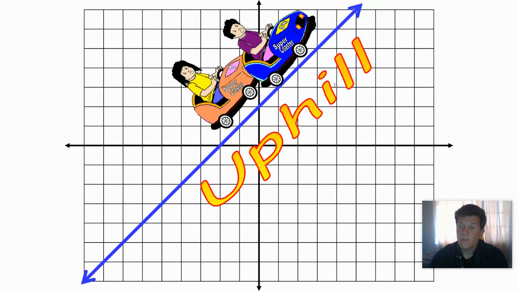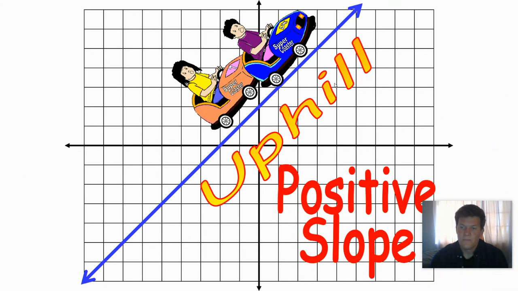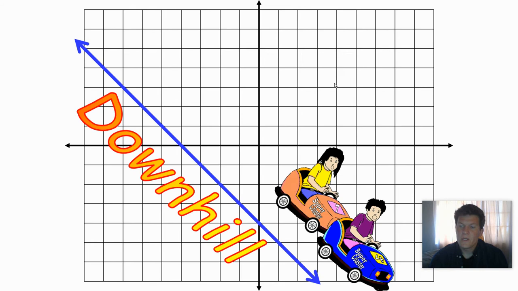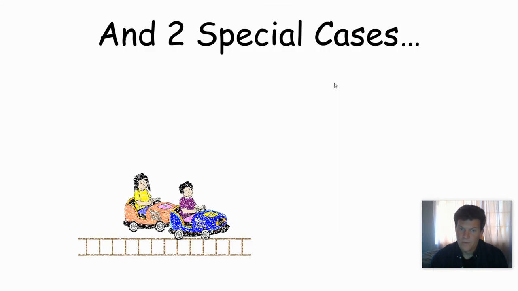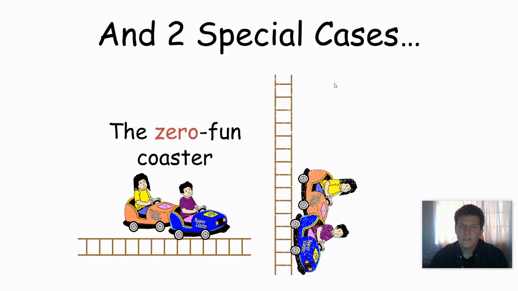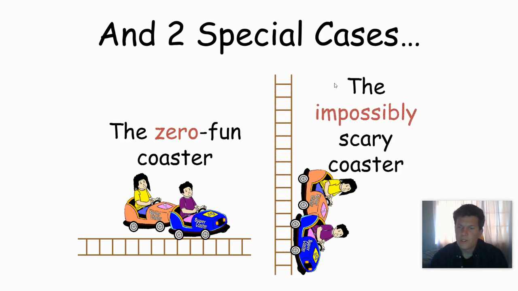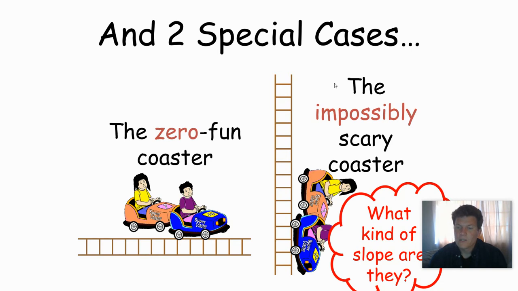You could be going uphill, which is a positive slope. You could be going downhill, which is a negative slope. And then there's 2 special cases. The one I like to call zero fun roller coaster, and then the impossibly scary roller coaster, like those complete vertical ones we saw before. What kind of slopes do they have?